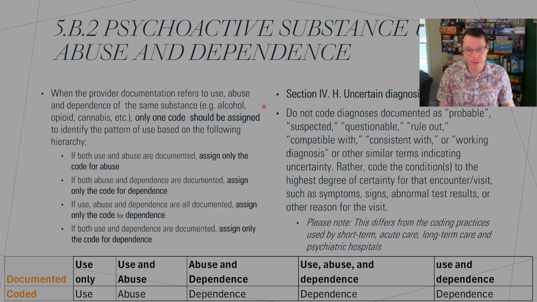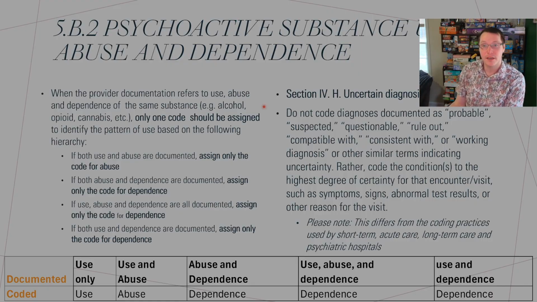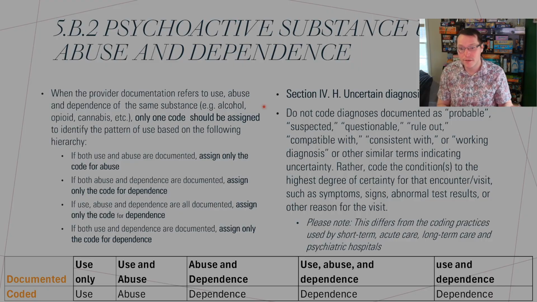Quick note on that one too is the F19 code is known as other substance use or polysubstance use. Note that polysubstance use is only used for when you're not certain which drug is causing all their different issues.